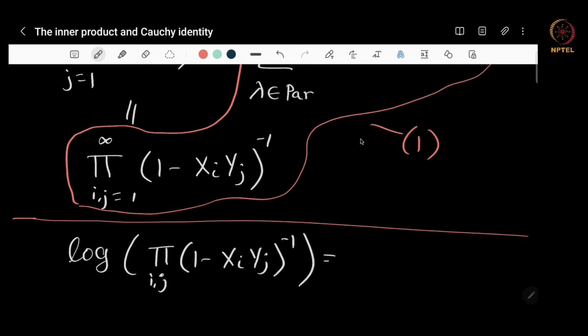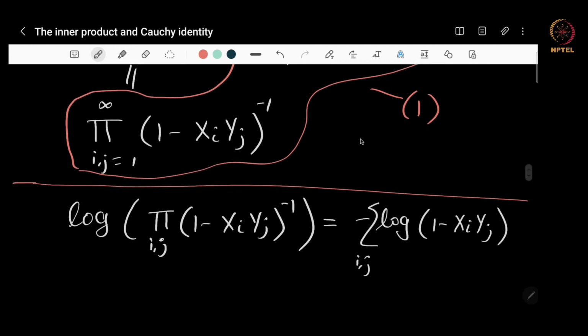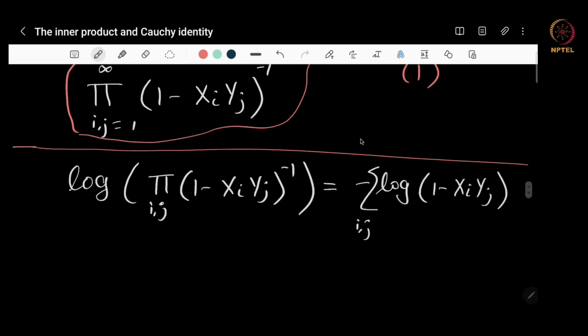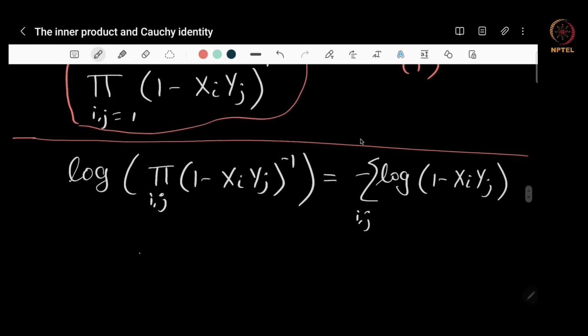The log of the product of (1 minus x_i y_j) inverse becomes minus the summation over i, j of log of (1 minus x_i y_j). And if you write out the expansion of log, there's a minus of a minus, so there's a plus.